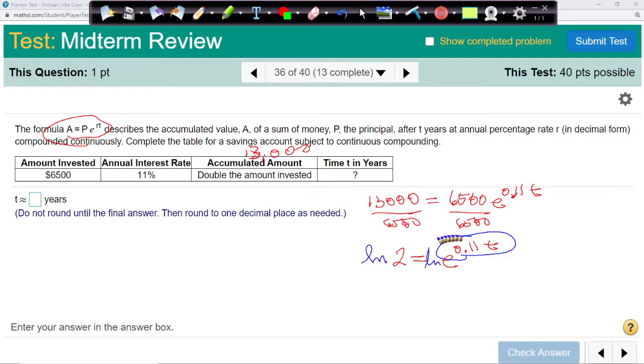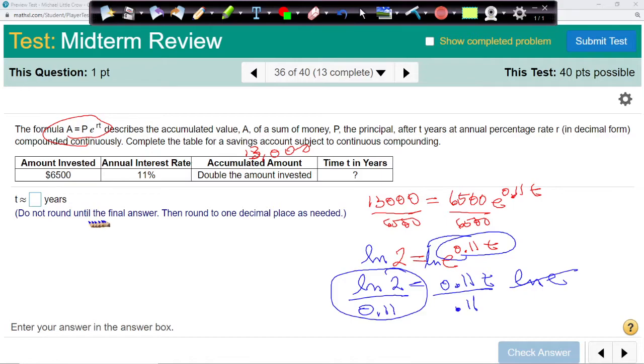Natural log of e is 1. So this is natural log of 2 is equal to 0.11t. So now we just divide both sides by 0.11. That's what t is going to be.